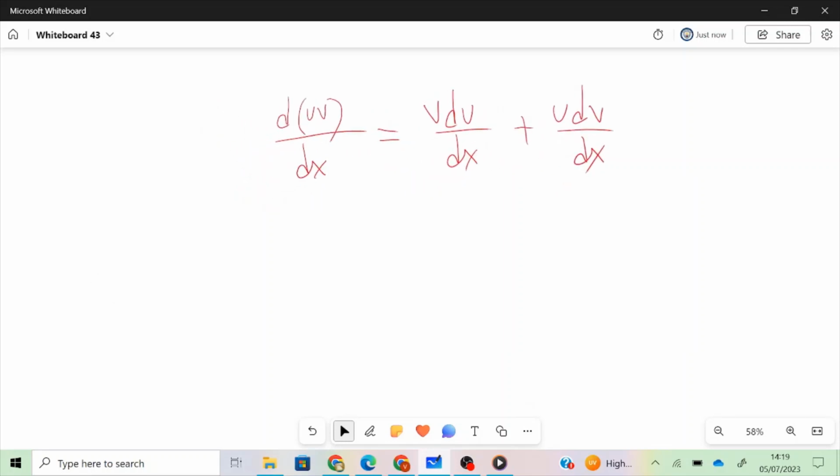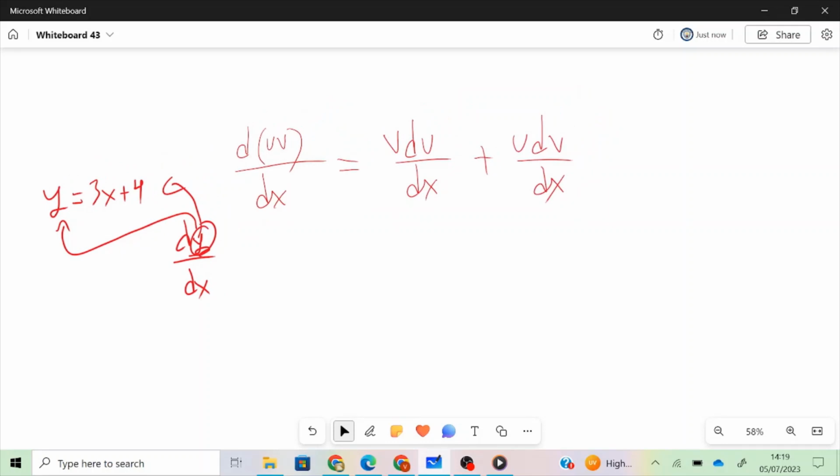When we say something like dy/dx, the reason there is a y is that we are differentiating some sort of function represented as y equals, for example, 3x plus 4. The function is in terms of y.